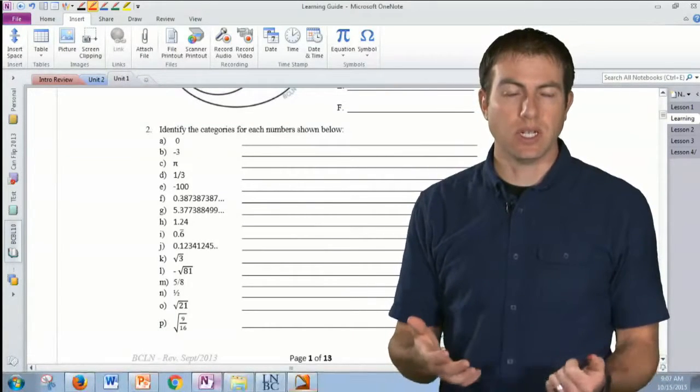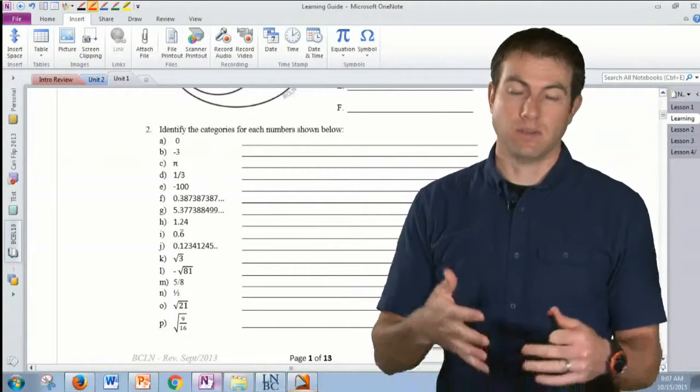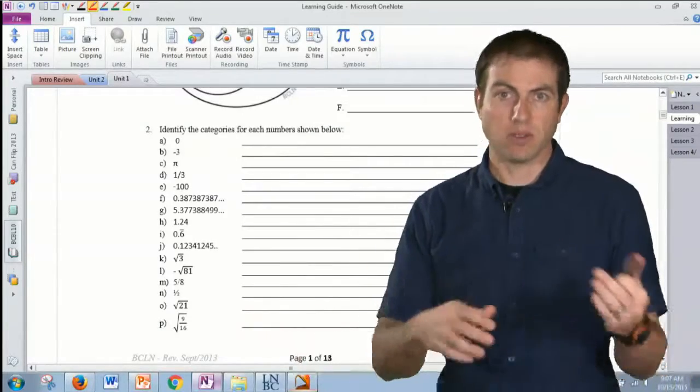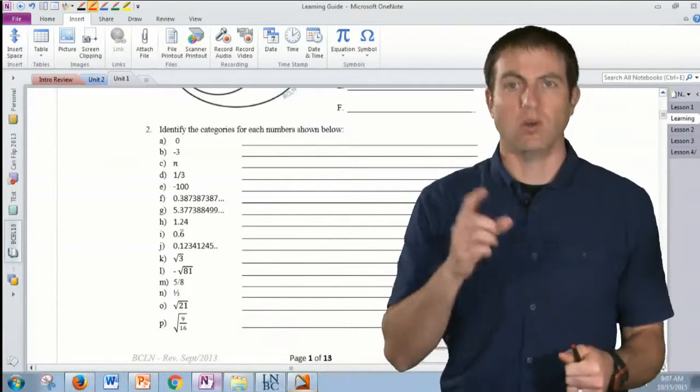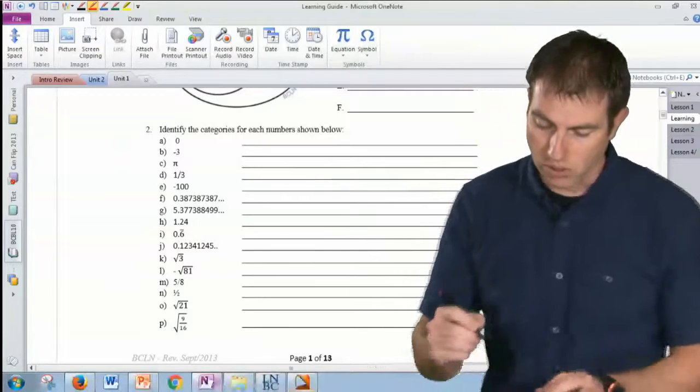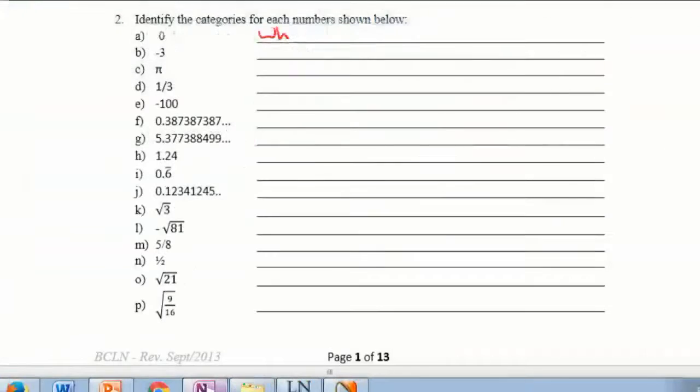We can't include it as a natural number because when we're just counting things, 1, 2, 3, we never go 0, 1, 2, 3. That's just not how it works. So this is a whole number. That is the smallest category. Then the next step, it's also an integer, because that's the next bigger category. And it's also a rational number.